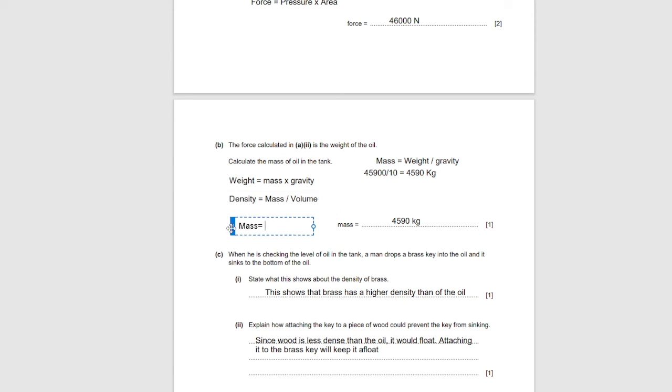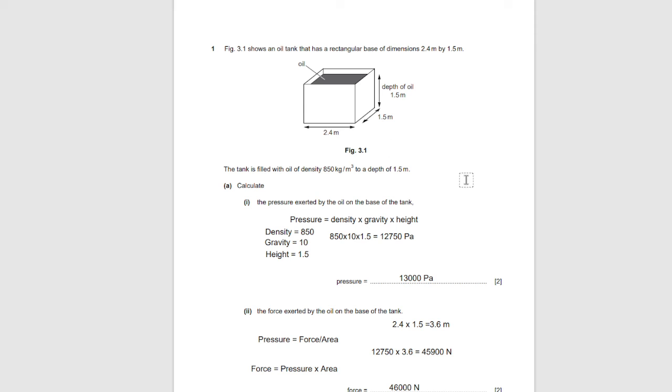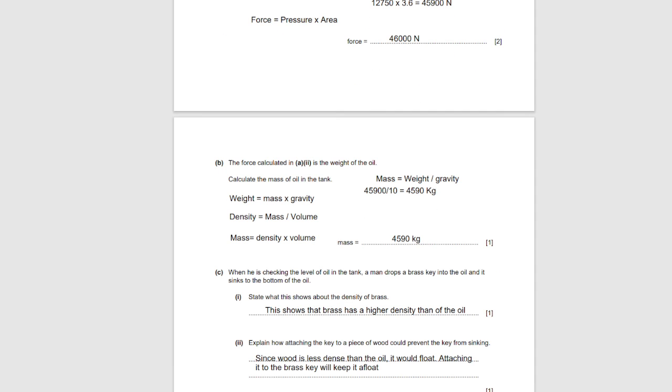We're going to rearrange it, making it mass equals density times volume. So we know that the density is 850 and the volume can be found by multiplying 2.4 times 1.5 times 1.5, giving us a volume of 5.4, which we can then multiply with the density, 850, and we will get the same answer, which is 4,590.